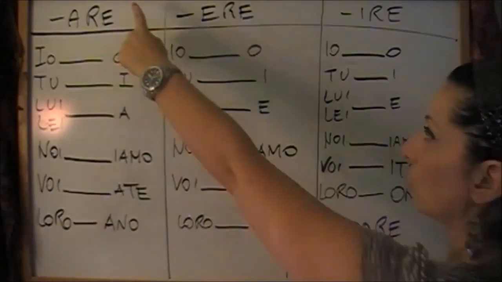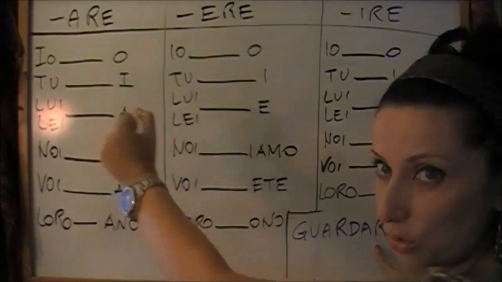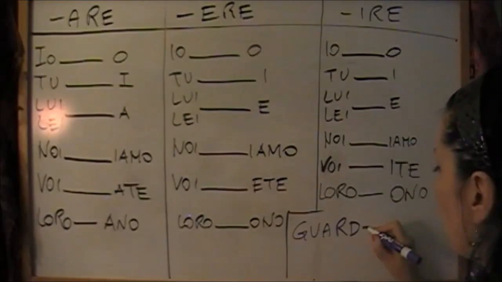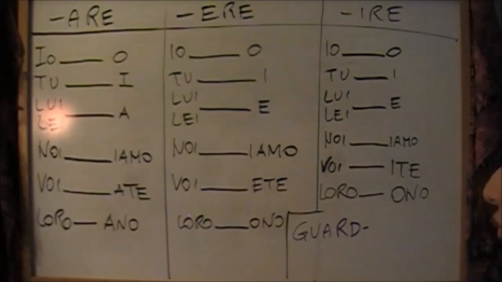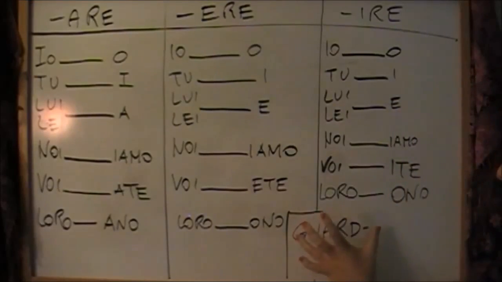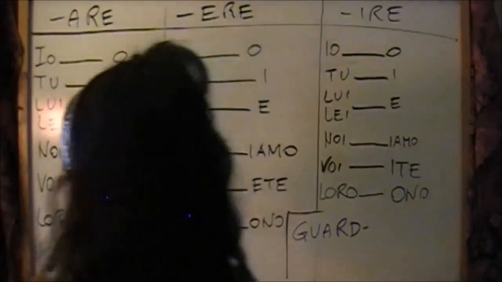Verbs in are belong to this group. So we're going to use this pattern in order to conjugate it. We delete the last three letters from the infinitive, and this way we have the stem. The stem of the verb guardare, to watch, is guard. It's very, very simple. We punch this one here, and we have the conjugated verb.